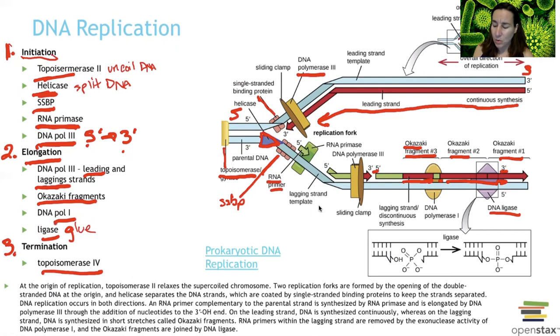We're going to have DNA pol that's going to come along, remove the primers, lay down DNA, and then ligase will glue the two little fragments together, and these two fragments together, and those two fragments together, until eventually you got a whole solid piece of DNA, both the new and the old on the bottom strand and the new and the old on the top strand. And then at the end, step number 3 is termination. So these are the 3 basic steps: initiation, elongation, termination.